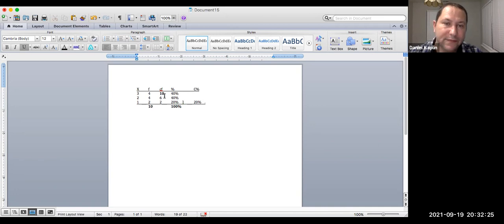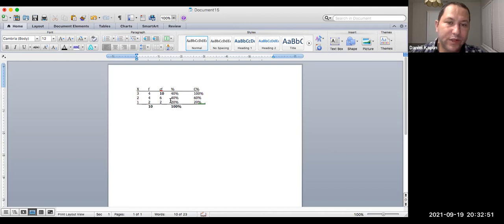And 20 plus 40, again, we're doing this staggered approach. 20 of the C percent plus the next one up, 20 plus 40 is 60%, right? Now, 60 plus 40 gives us 100%.